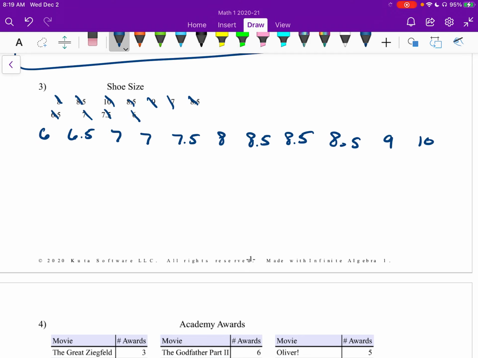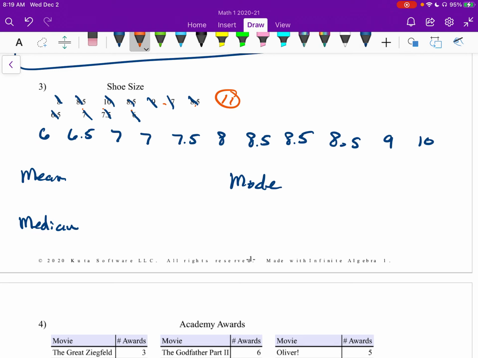All right, so I got mean, median, and mode. I'll start off with the mean again. I'm going to count how many objects I have, and an object is just one of these numbers. So I have 2, 4, 6, 8, 10, 11. Again, I have 11.